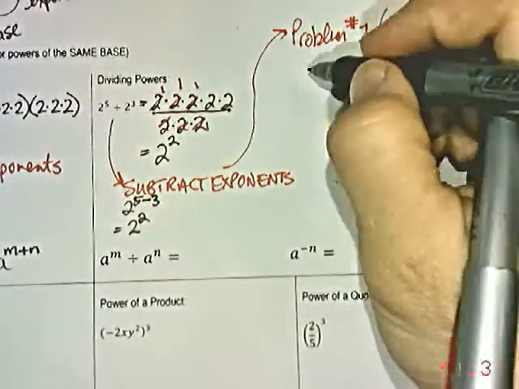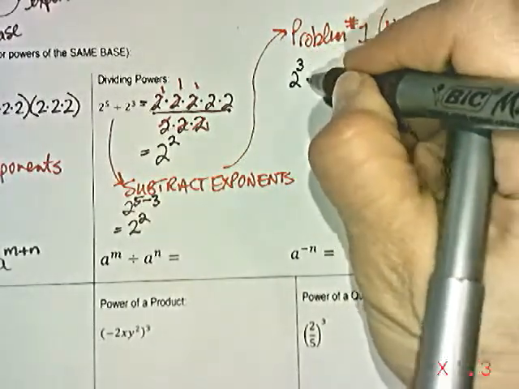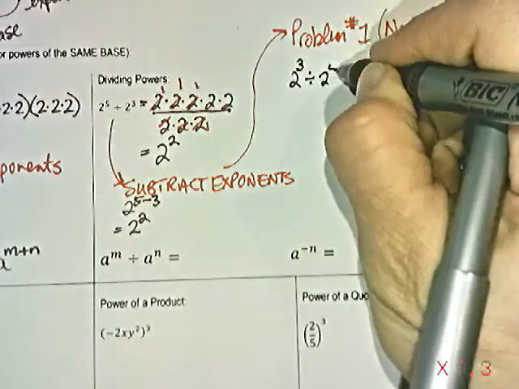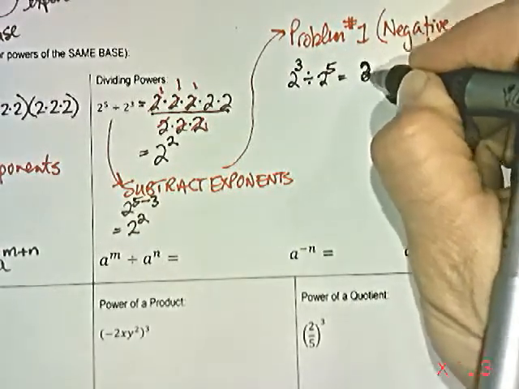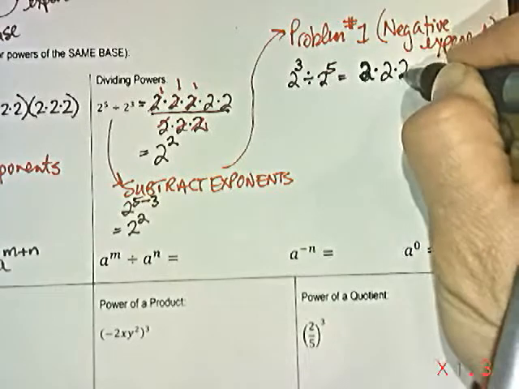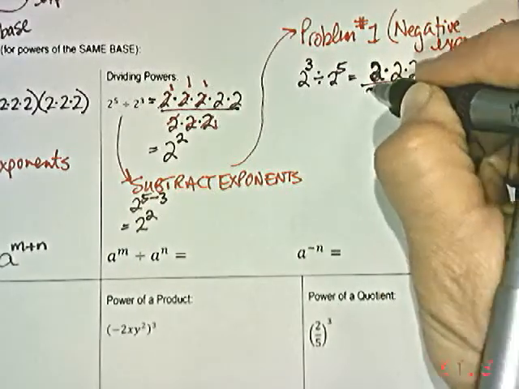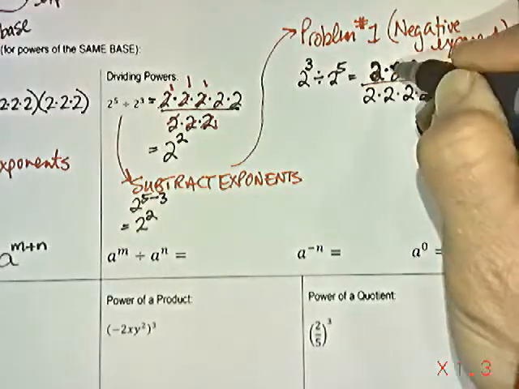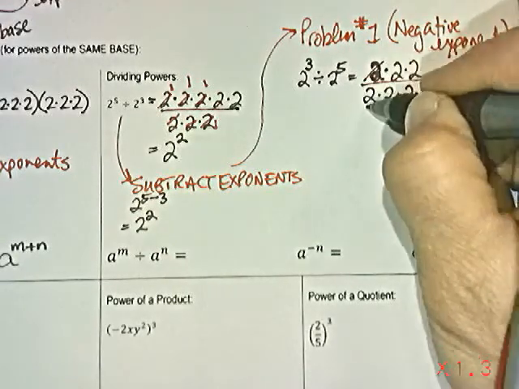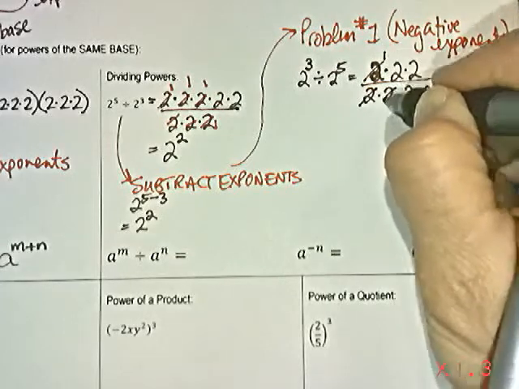Because what if I had 2 to the exponent 3 divided by 2 to the exponent 5? Well, again, if we expand that out, I would have 2 multiplied by itself 3 times in my numerator, 2 multiplied by itself 5 times in my denominator, and if I do my canceling here, 2 over 2 is 1. How many 2's in a 2?